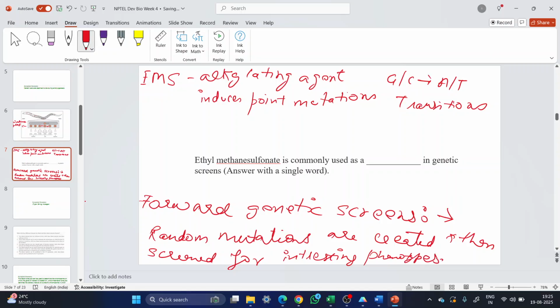This is what a forward genetic screen is. So I hope this question is clear to everybody.